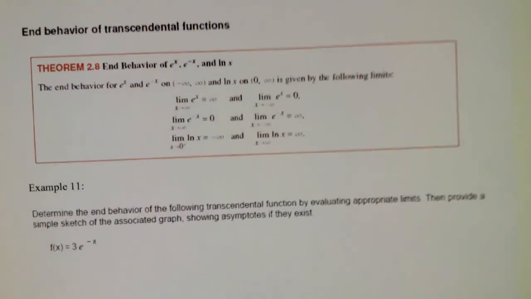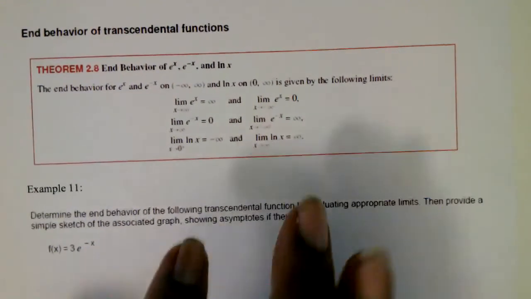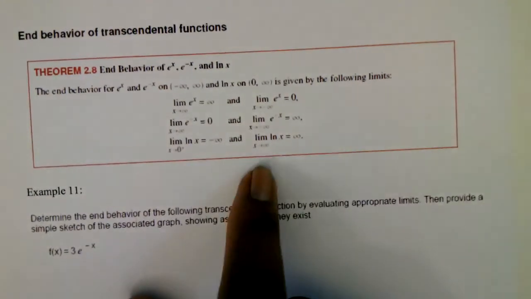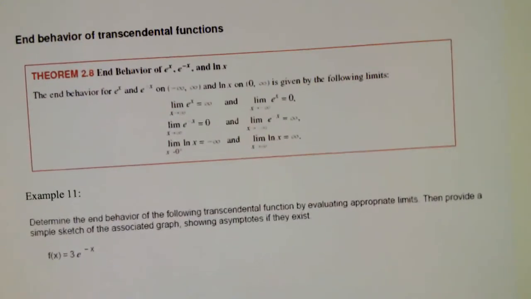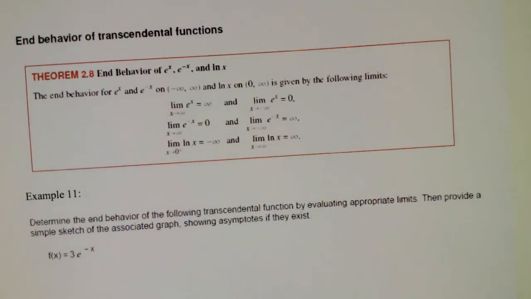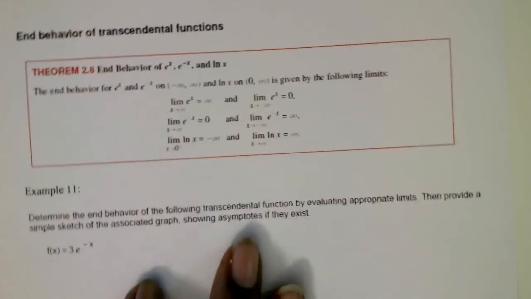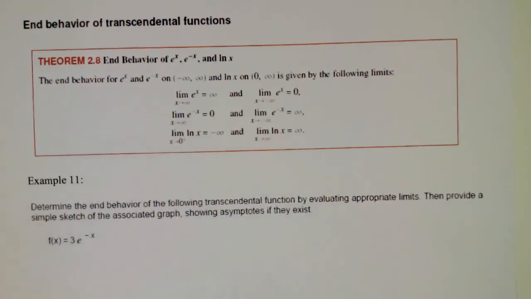That's going to be negative infinity. And then as we let x approach positive infinity of the natural log of x, that would be infinity. Okay, so here the natural log is very restricted because we can't take the natural log of 0 and we cannot take the natural log of a negative number.